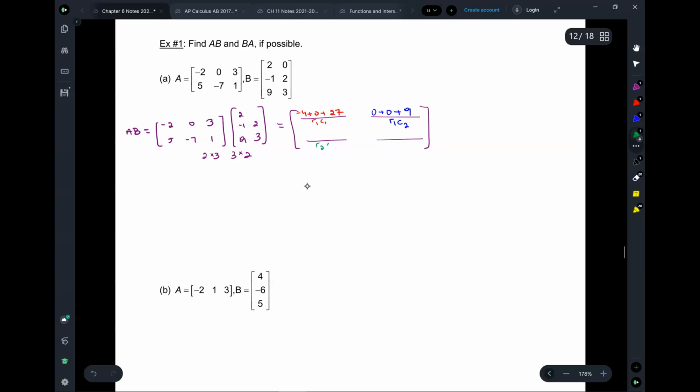Row 2, column 1. Okay, tell me the numbers. 10, 7, 9. And then the last one, what was this one? 0. So it's 0, minus 14, and 3.